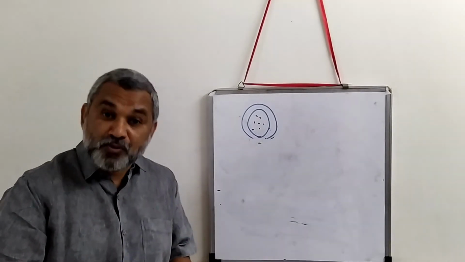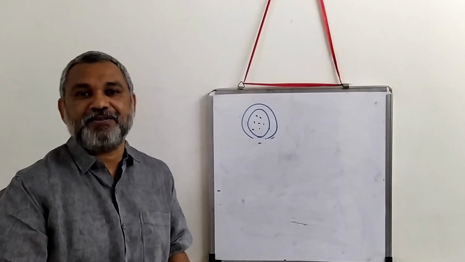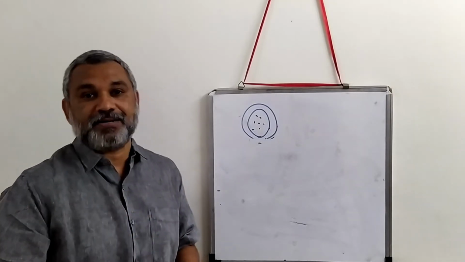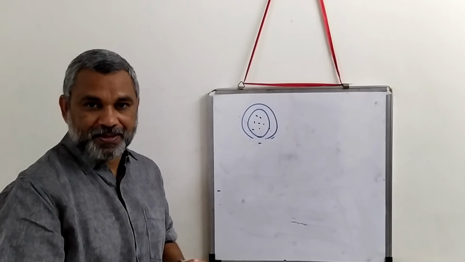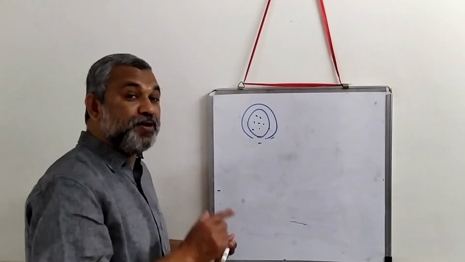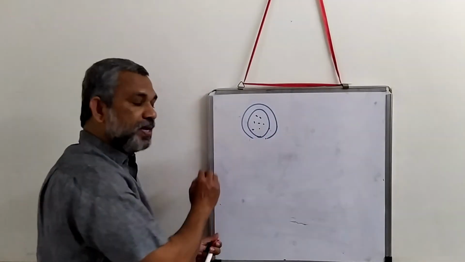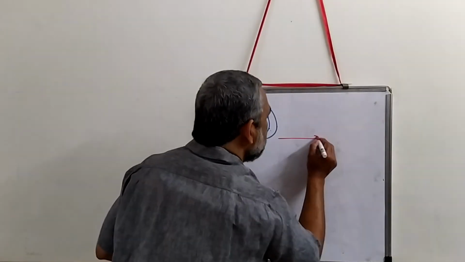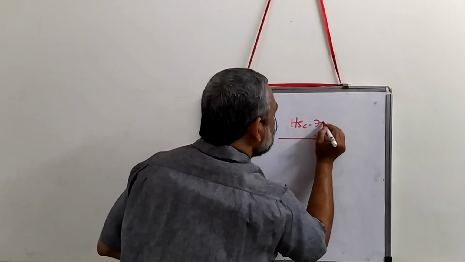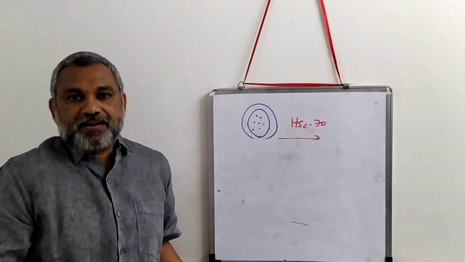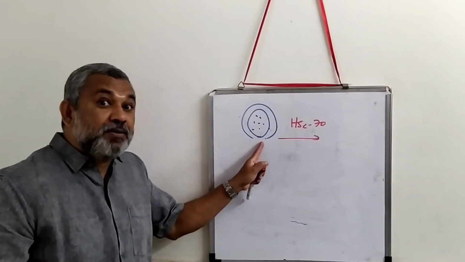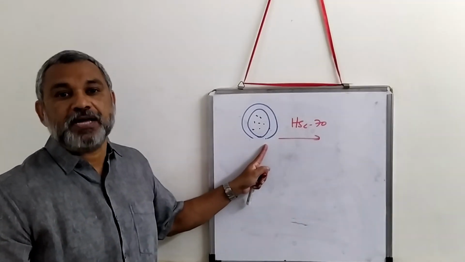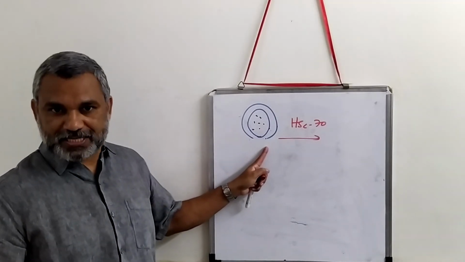In order to remove the coat, we have another hydrolyzing protein which will remove this coat. That is Hsc70, a chaperone which will help in removing the coat with the help of ATP hydrolysis.